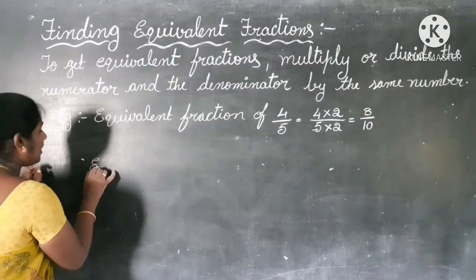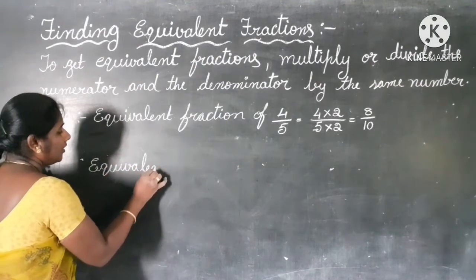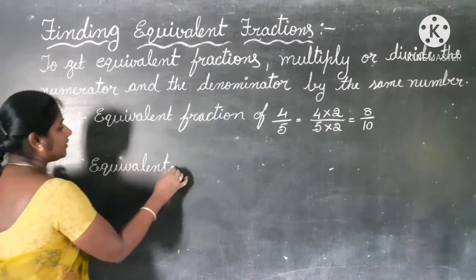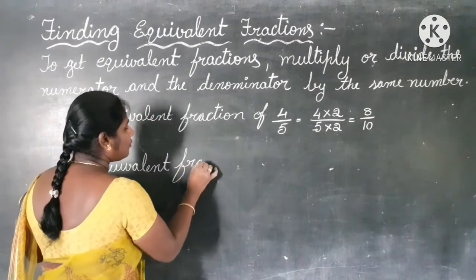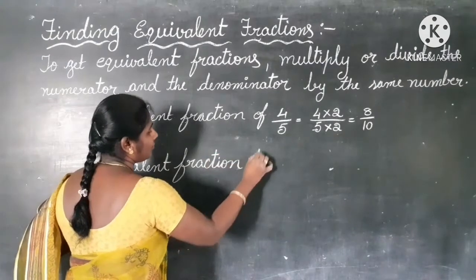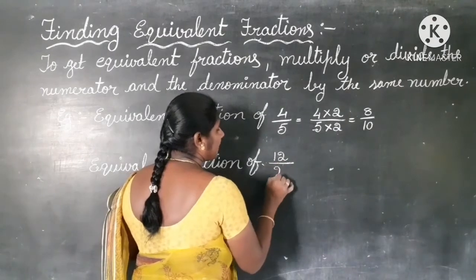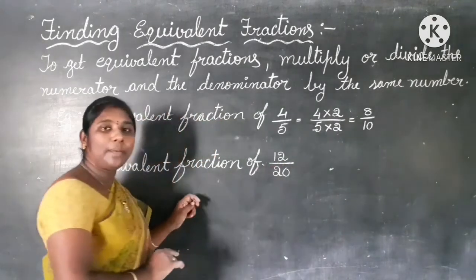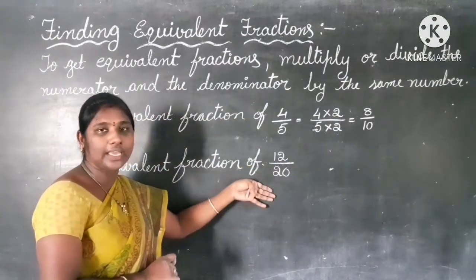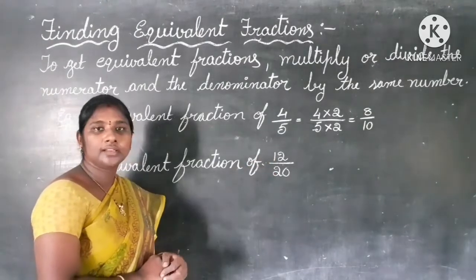Next, the equivalent fraction of 12 by 20. We can do division also. See, if you observe, these two will come in what table?